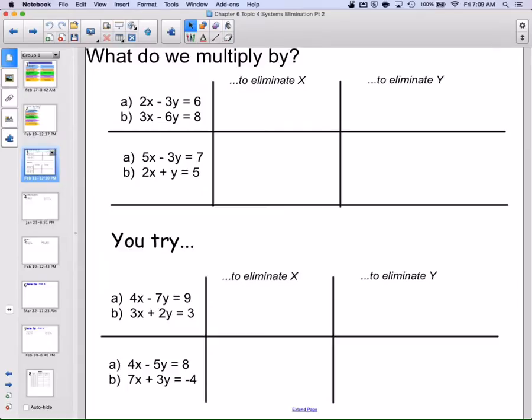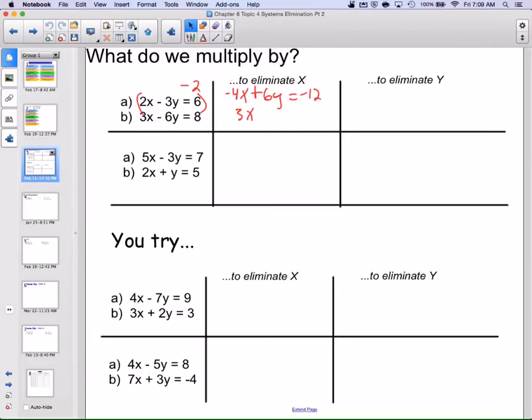Okay, so the big question is, what do we multiply by? All right, I'm looking at the first one here. I'm going to multiply the top equation by negative 2. I'll show you why. If I do that, negative 2, I'm going to get negative 4x plus 6y equals negative 12.